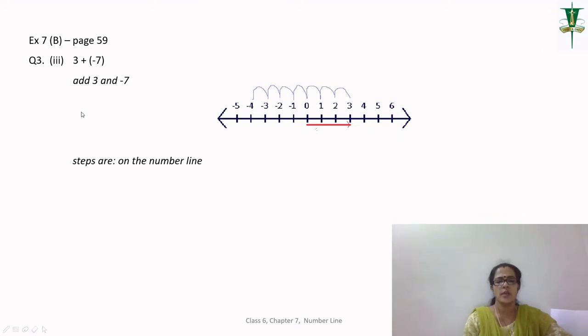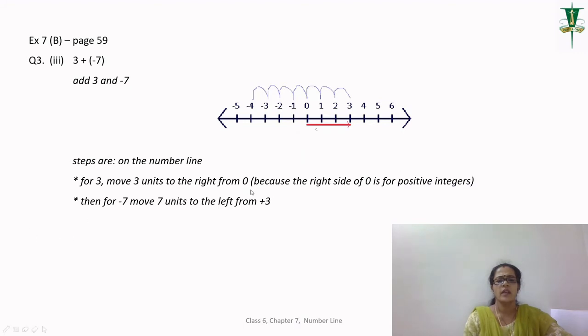So 7 steps in the left side direction. From 3, 1, 2, 3, 4, 5, 6 and 7 reaches you at minus 4. So your answer for 3 plus of minus 7 is minus 4.